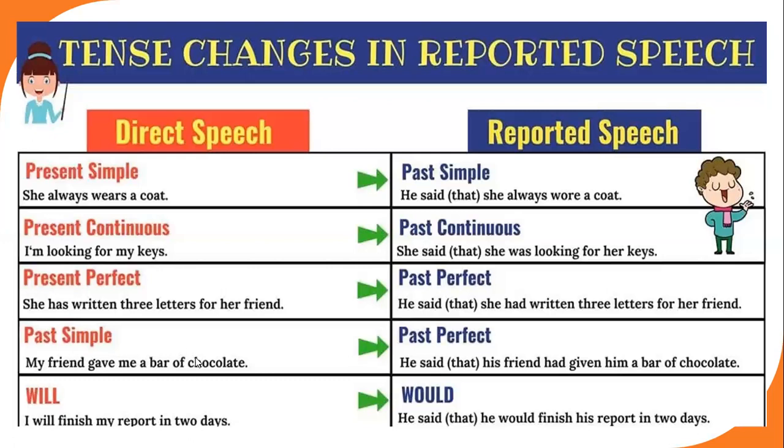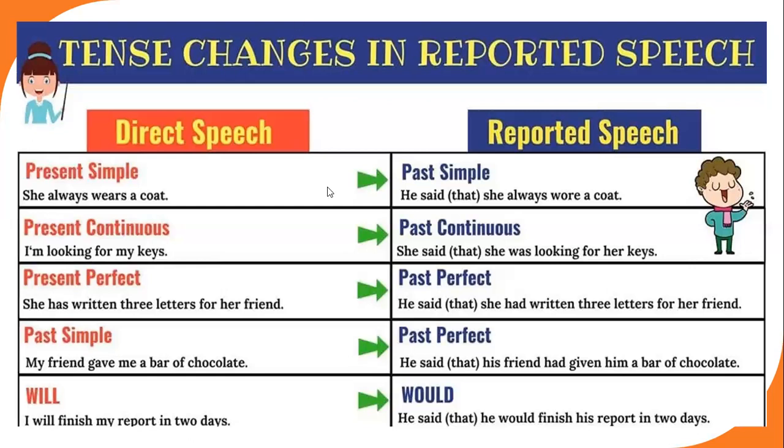So my friend gave me a bar of chocolate. He said his friend had given him. Recuerden, para ambos, presente perfecto y pasado simple, el reporte se hace con pasado perfecto. Él dijo que su amigo le había dado una barra de chocolate. Okay.